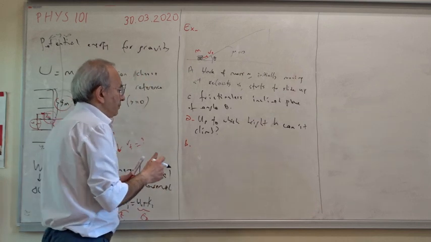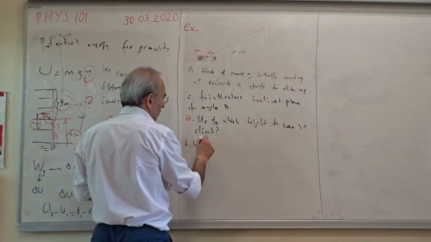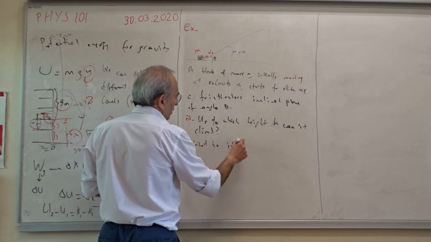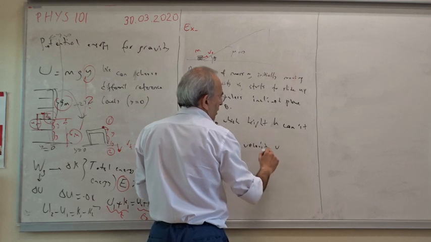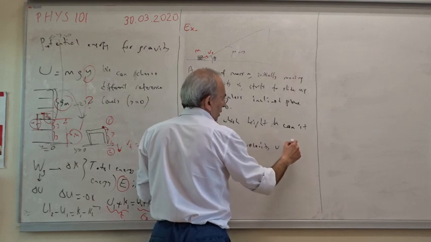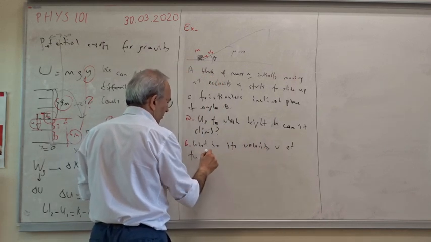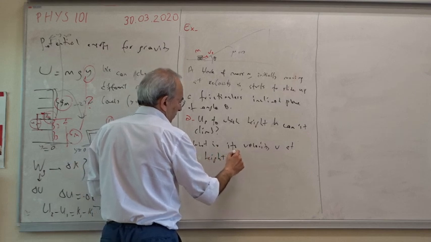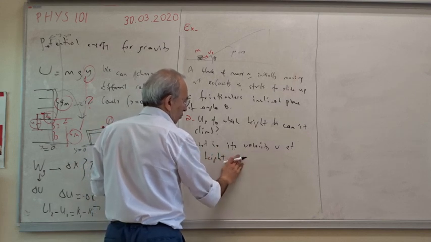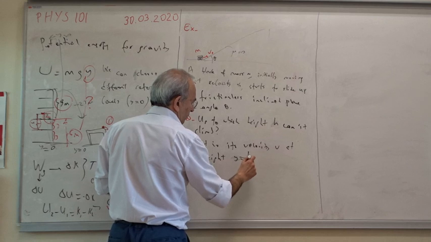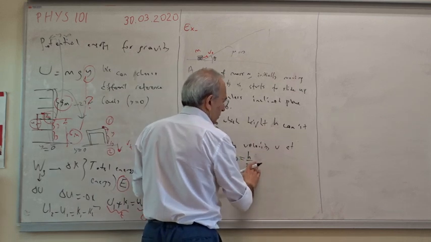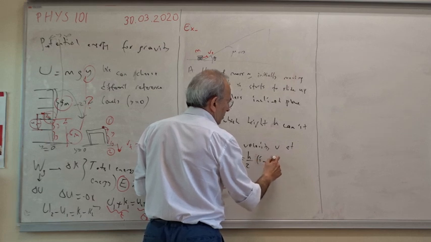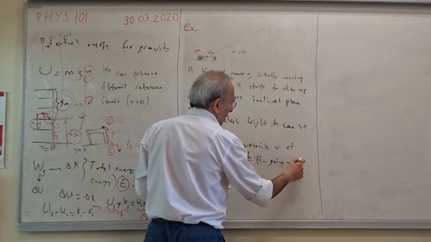B, what is its velocity v at the height y equal to h over 2, both going up and coming down?